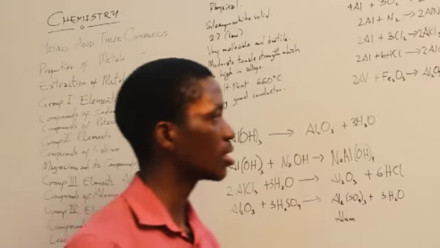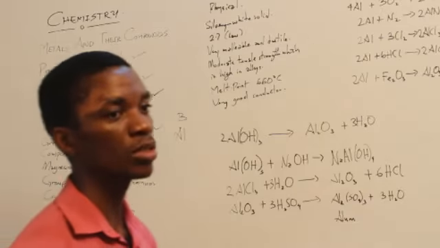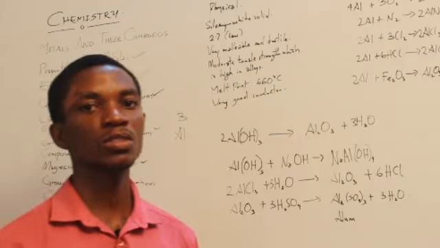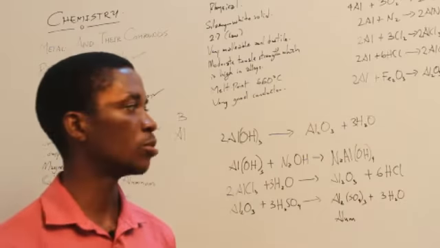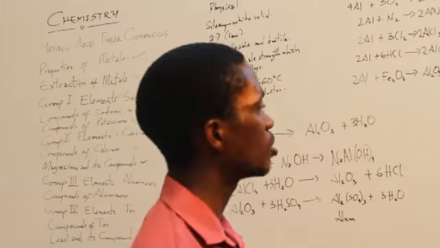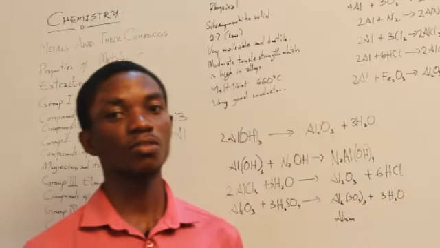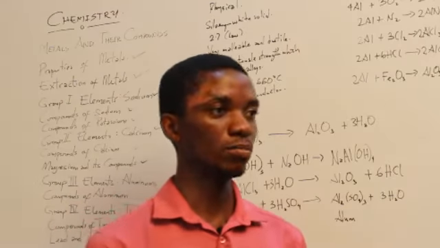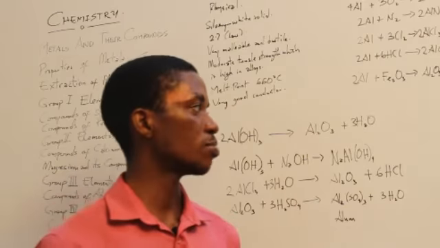Okay, let's quickly look at the uses of aluminium. We use aluminium for making our cooking utensils, our cooking pots, our spoons, our kitchen equipment. Most of them are made of aluminium because aluminium is non-corrosive, so we can use it to make food-related things. You can use it for cooking, and since it's a good conductor of heat, heat can easily pass through it.